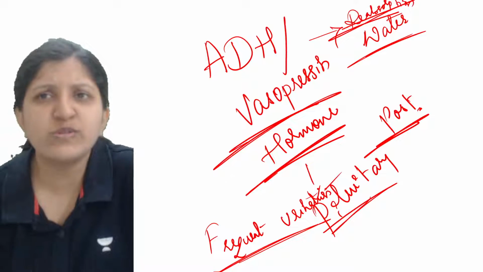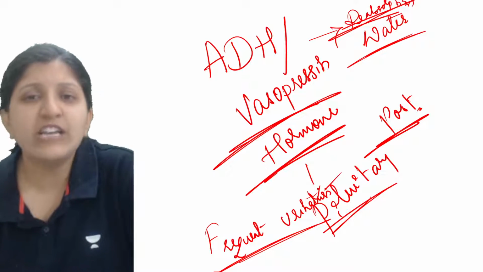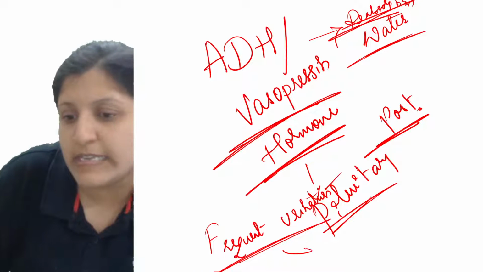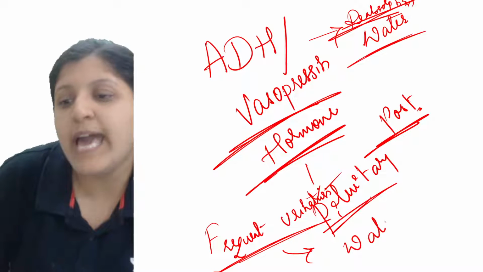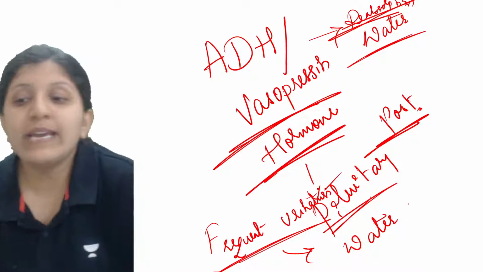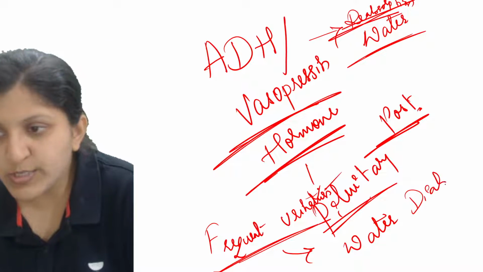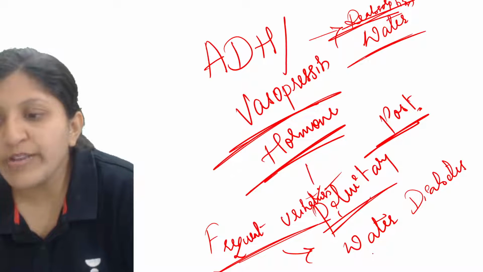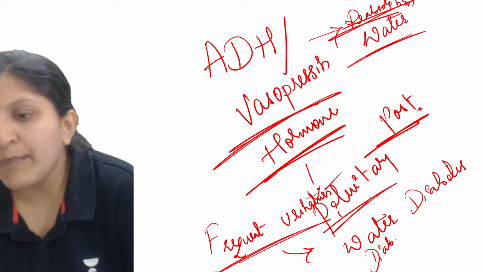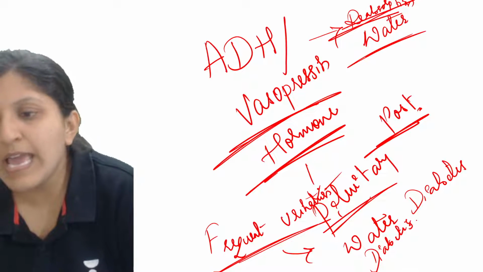Those are called diuretics, and this condition is diuresis. This particular disease we call water diabetes, or diabetes insipidus.